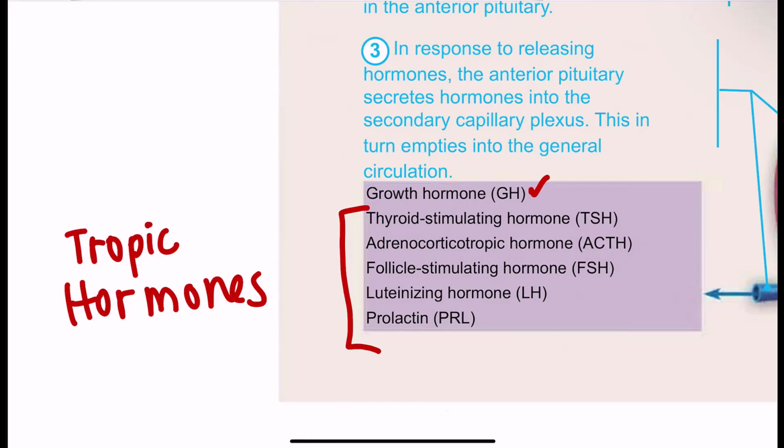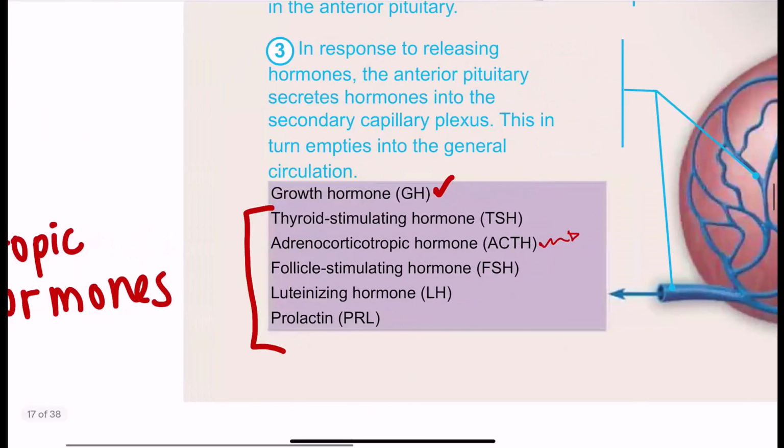A lot of the time, ACTH stimulates the release of corticosteroid hormones. So this will release corticosteroid hormones. Cortico, again, referring to cortex of that adrenal gland.